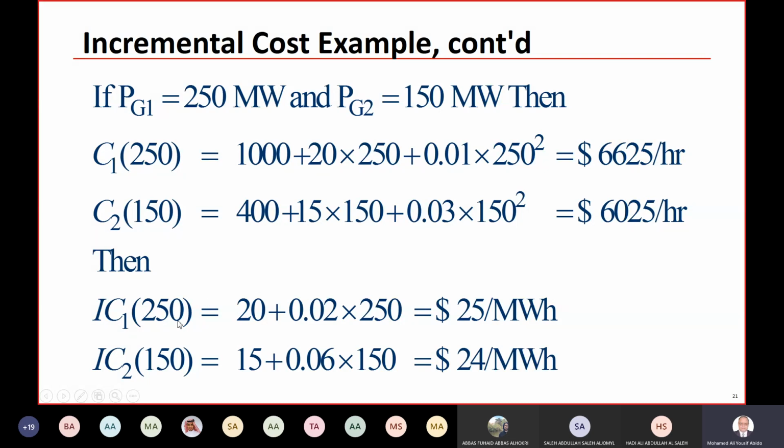So the incremental cost for this one is 25 and for this one is 24. So if you want to move from 250 to 251, you will pay $25 in addition, and for this one, you will pay $24 only.